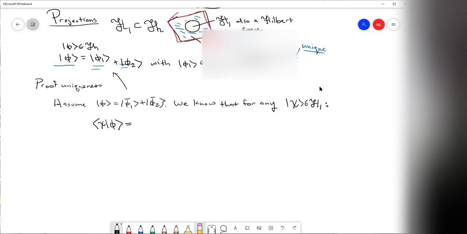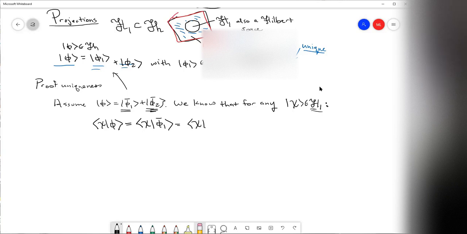If chi is in H1, then by definition, since this is the part that's in H1 and this is the part that's outside of H1, the dot product must only hit the thing that's in H1. Whatever this other vector is, it's outside of H1, so the inner product with anything that's in H1 must be 0 by definition.